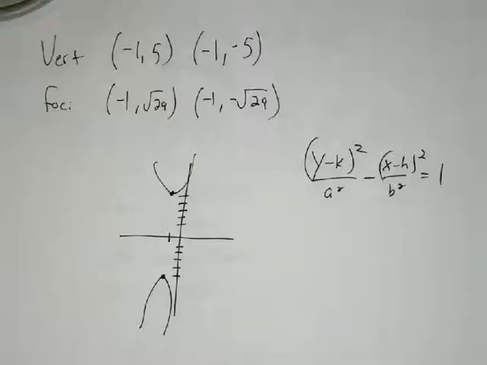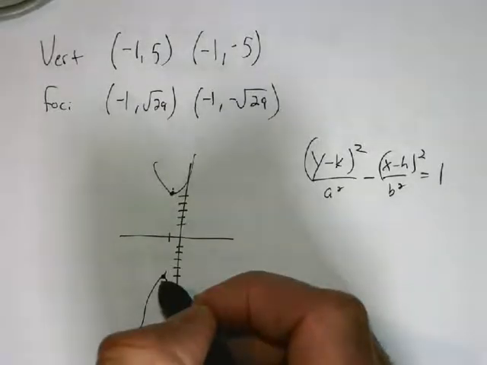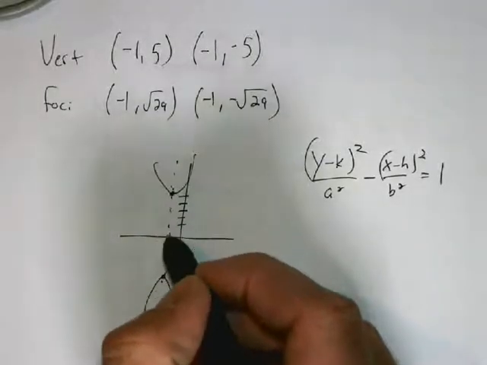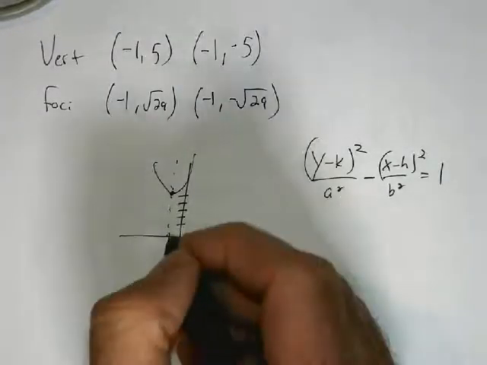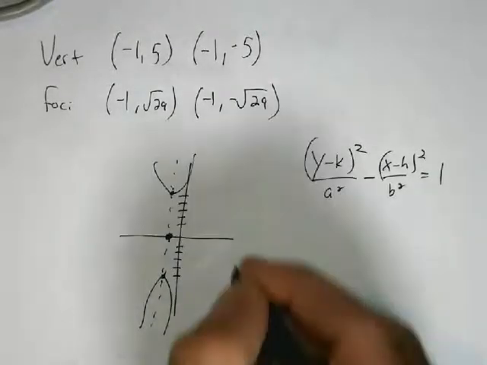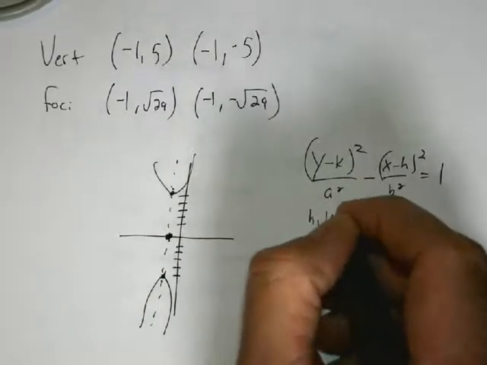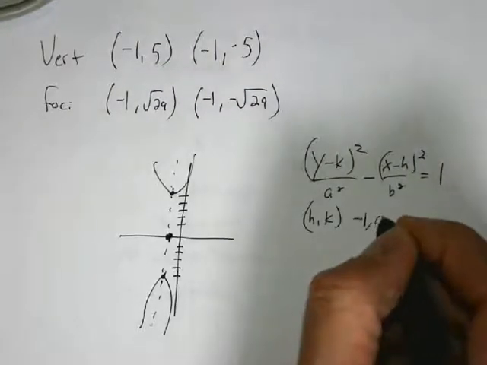So first thing we do is figure out where the center is. Well, remember, the center is going to be at the midpoint of the vertices. It just so happens the vertices are on the same vertical line, so they're on the same x value. So the halfway point is when y is 0. So your h and k is going to be (-1, 0).